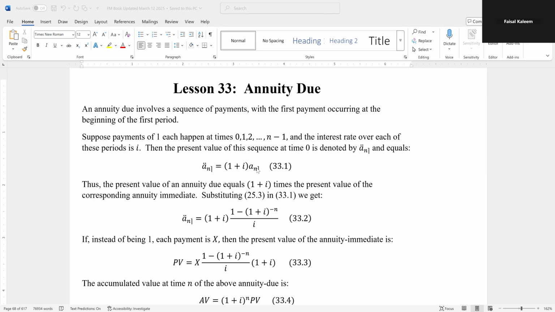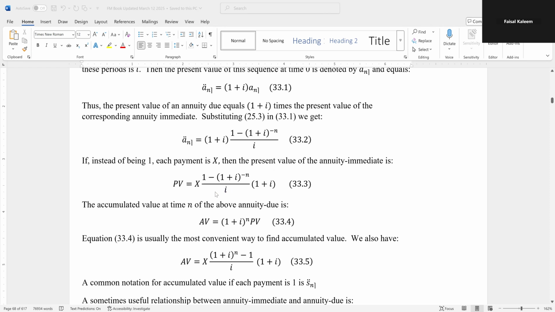If you know the formula for the immediate, the due can just be obtained by multiplying the immediate formula by 1 plus i. So if you want to write the more detailed formula, it's 1 plus i, and then times the formula that you already know for annuity immediate, 1 minus 1 plus i to the negative n over i. And if each payment is x instead of being 1, then you will just have an x multiplied up front, and the rest will be the same.